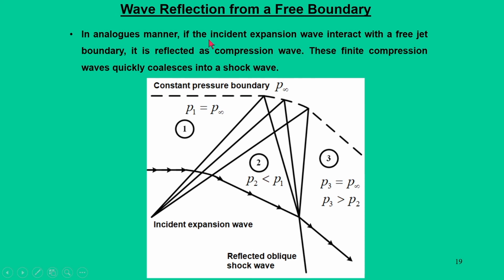In an analogous manner, if an incident expansion wave interacts with a free jet boundary, it is reflected as a compression wave, and these finite compression waves quickly coalesce into a shock wave. This is the summary.